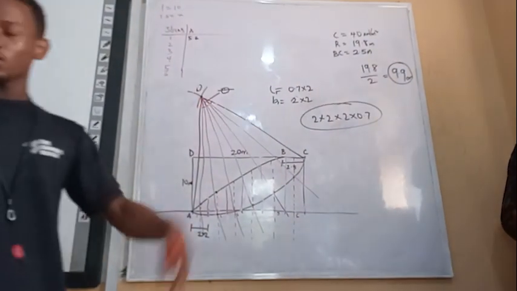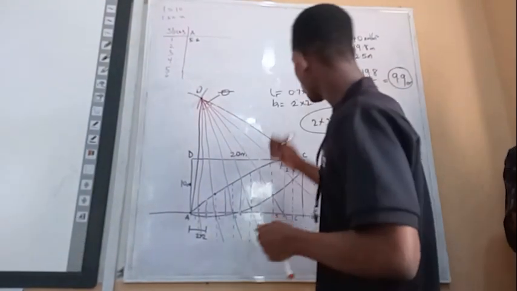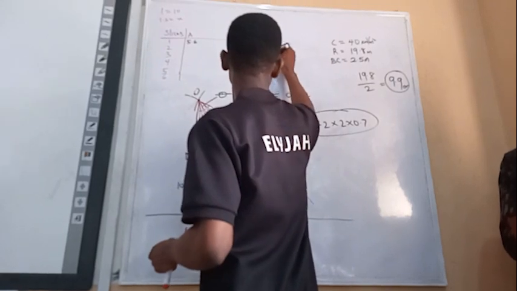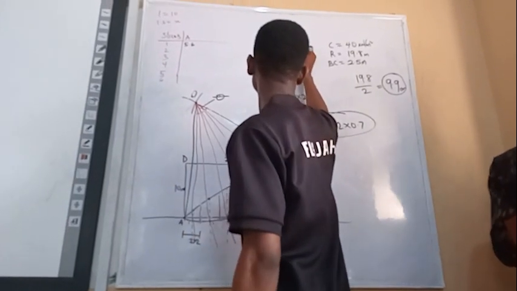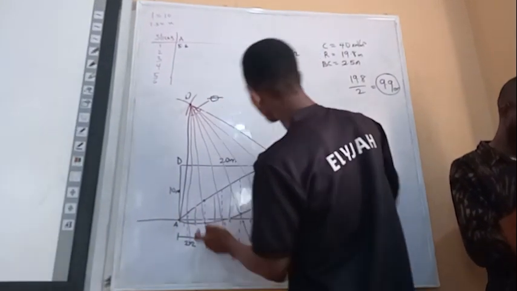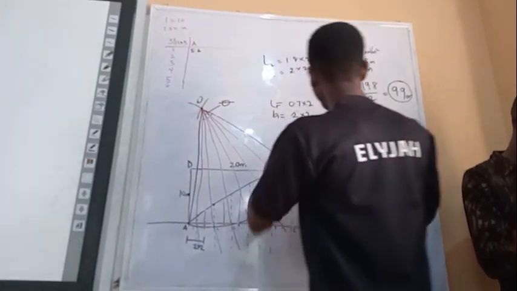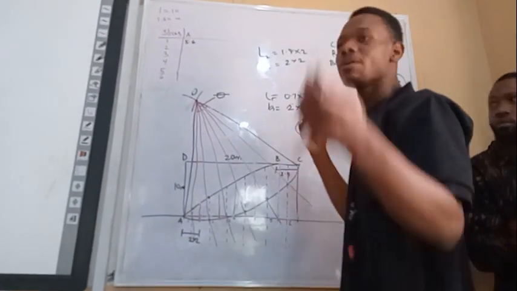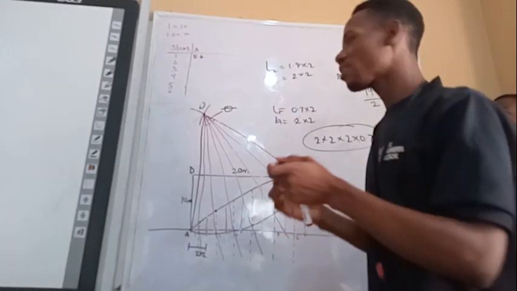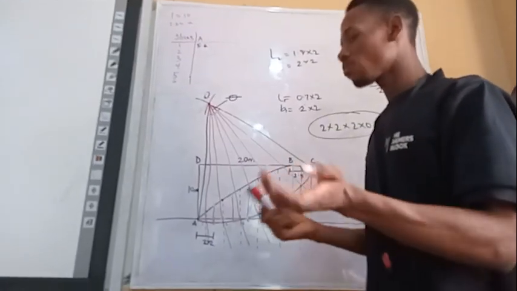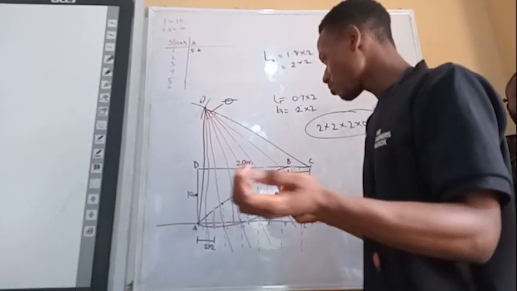So let's choose 1.8. Since you measured 1.8, that's 1.8 times 2, right? Then the breadth, 2 times 2. So that's the reason why I said it's still times 8, because of the scale.